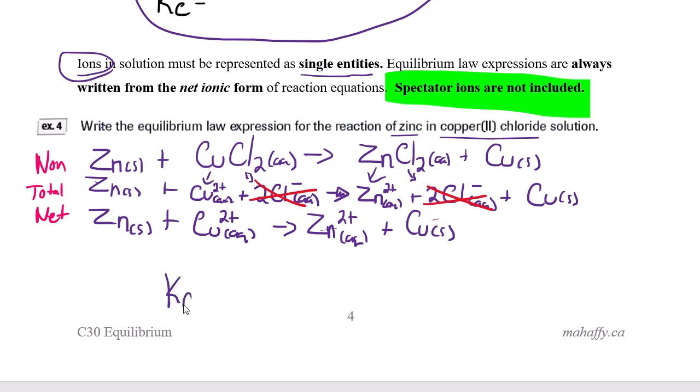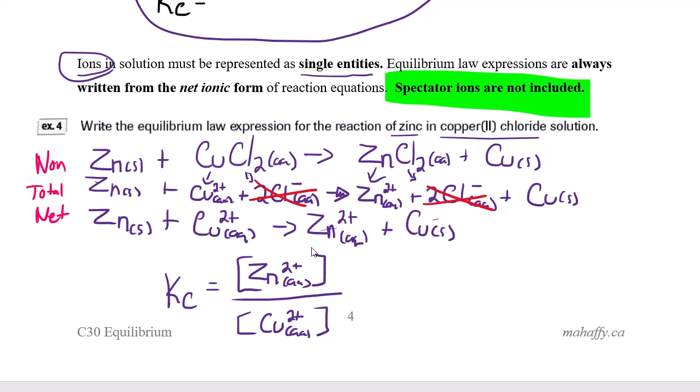So my products go on the top. Zinc 2 plus aqueous. My copper here is a solid, so it doesn't get included. And we divide by, again, my zinc is a solid, so it doesn't get included. It's just going to be my concentration of my copper ions. And this would be my Kc.